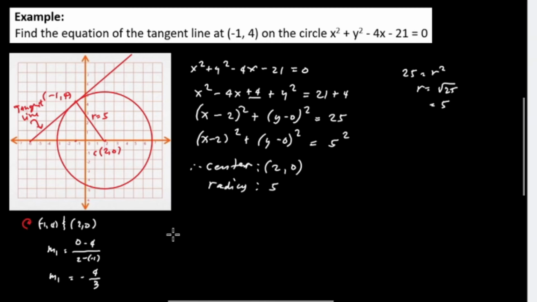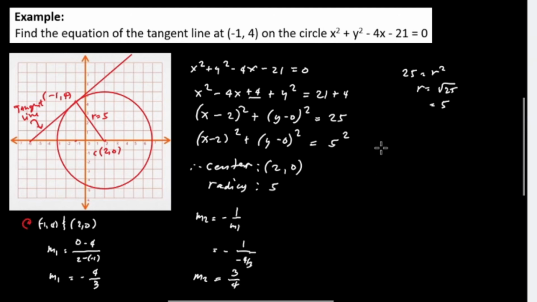The tangent line is always perpendicular to the radius at the point of tangency, so m2 is always negative 1 over m1, the negative reciprocal of negative 4 over 3, and m2 is equal to positive 3 over 4. m2 will be the slope of the tangent line.